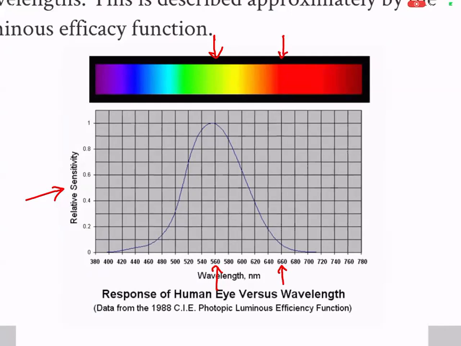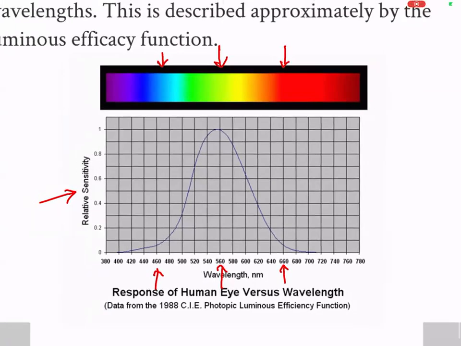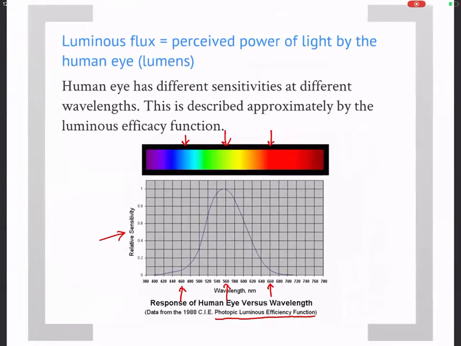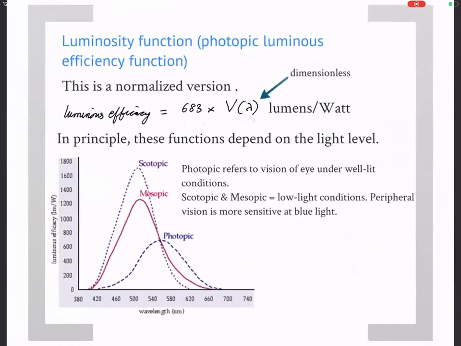If you're younger, you can see this. As you get to my age, you can't see this very well. And a similar thing happens over here in the blue. So you get a sense of the range of wavelengths you're trying to see. This is also referred to as a photopic luminous efficiency function. There are lots of names for it, but just be aware that this exists.